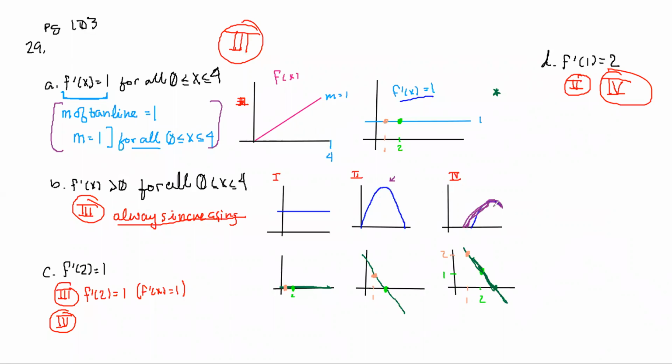So the slope for this is going to be smaller than the slope for this, which is why we can have the point 1, 2 and 2, 0 here, and the point 1, 2, 2, 1, and then 3, 0.